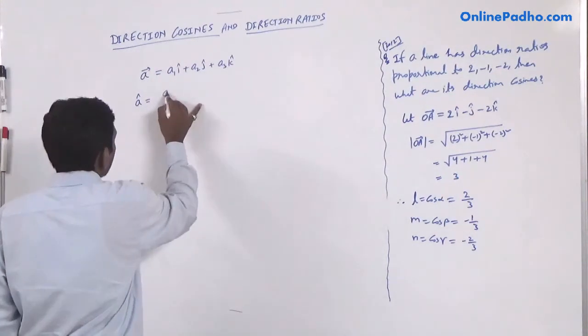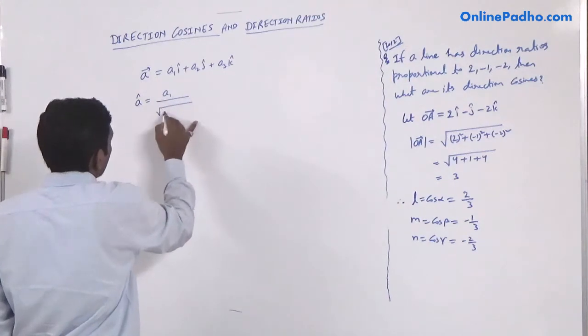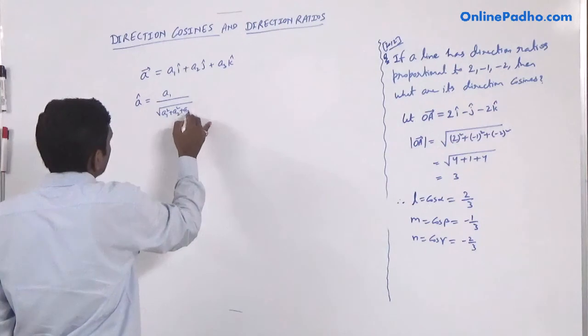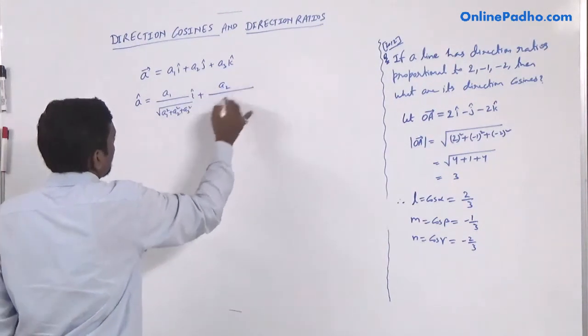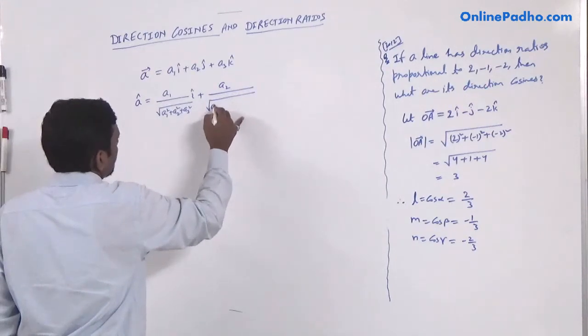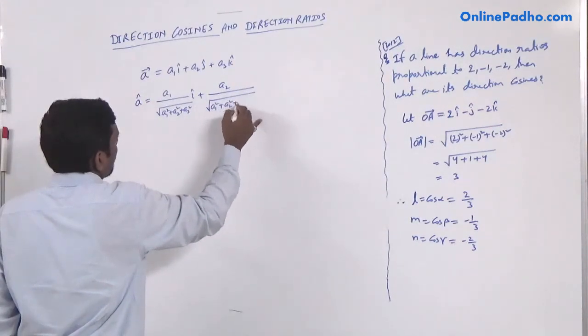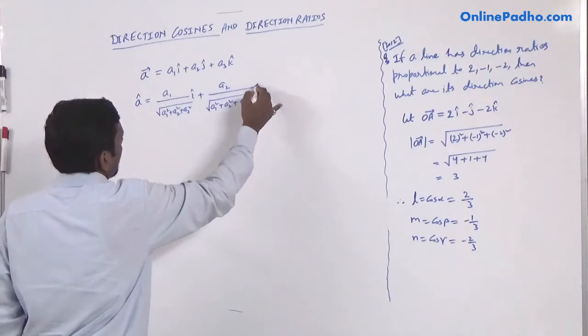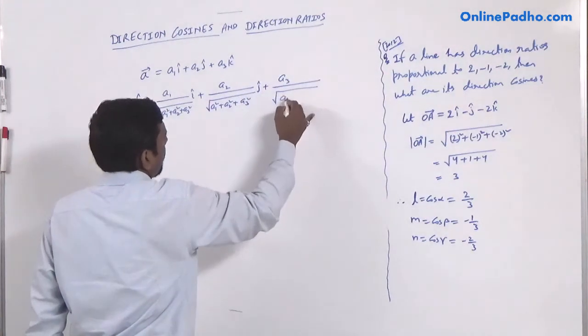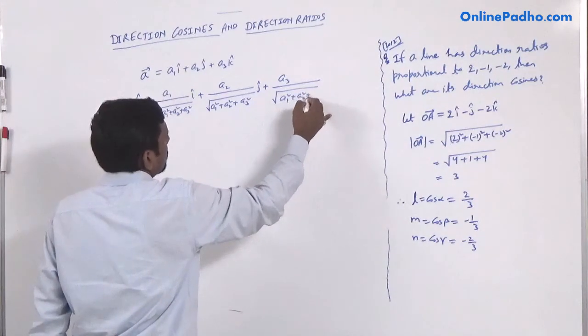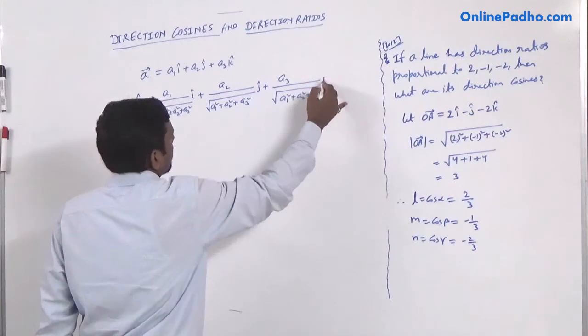So it can be written as A1 divided by square root of A1 square plus A2 square plus A3 square i cap plus A2 divided by square root of A1 square plus A2 square plus A3 square j cap plus A3 divided by square root of A1 square plus A2 square plus A3 square k cap.